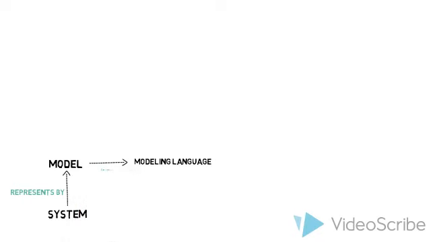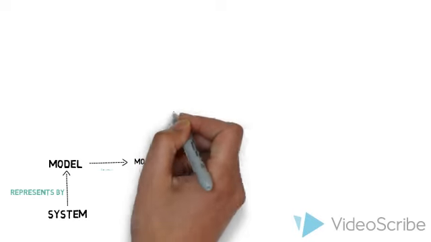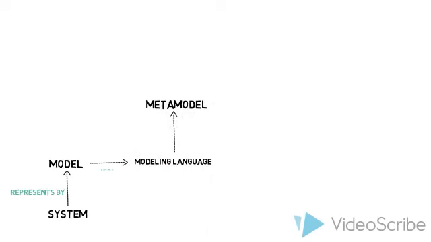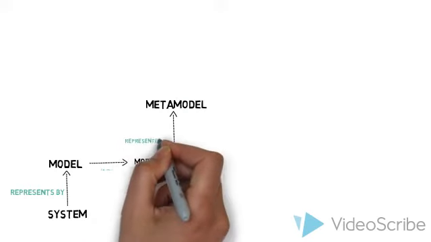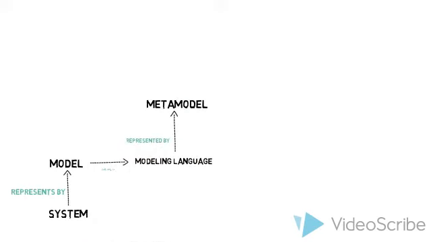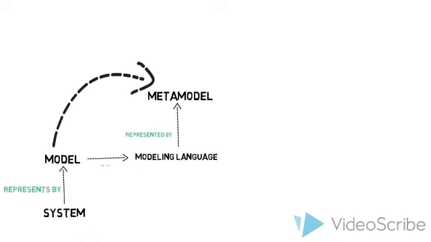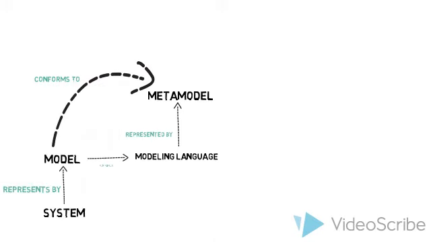The represented by and conforms to relationships are essentially different, so arranging them in the same direction may be a little bit confusing. We can see that the metamodel substitutes the modeling language in the transitive conforms to relationship.